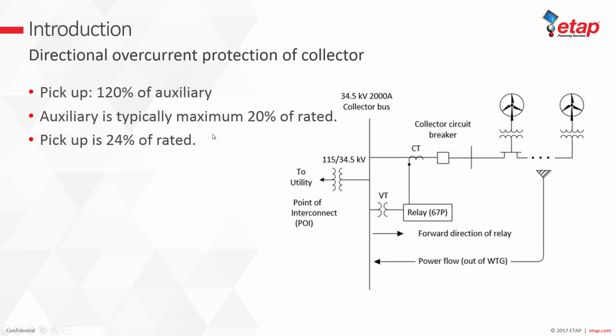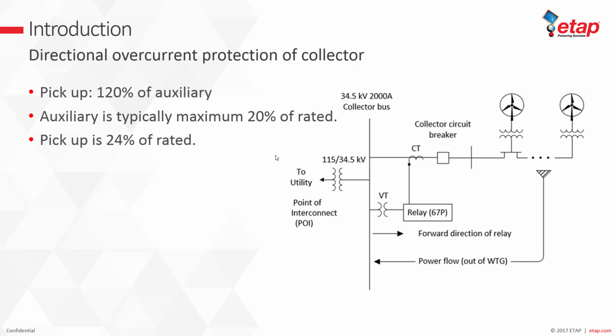So in this case, the pickup is set to 24% of the rated value, which is less than the rated value. So the relay is picking up during the normal condition. However, it's blocked by the directional protection, as the wind turbine is supplying power to the grid, so it's in the reverse direction in normal operation.